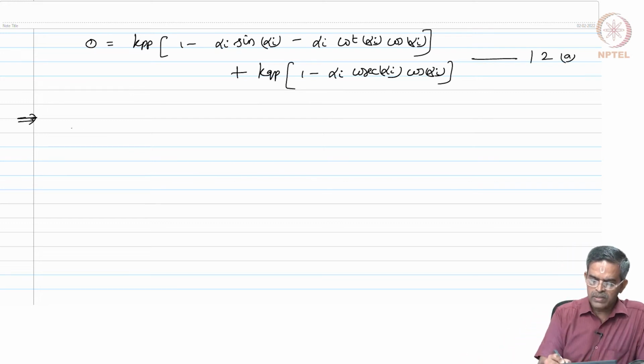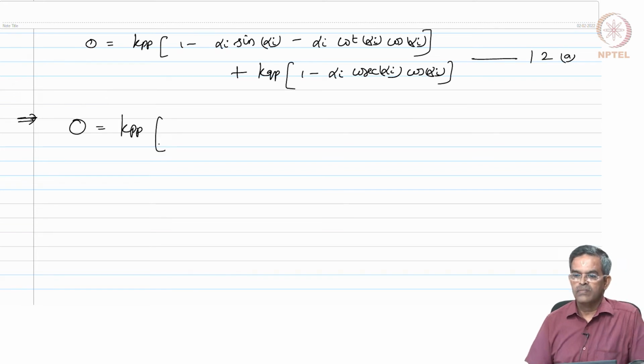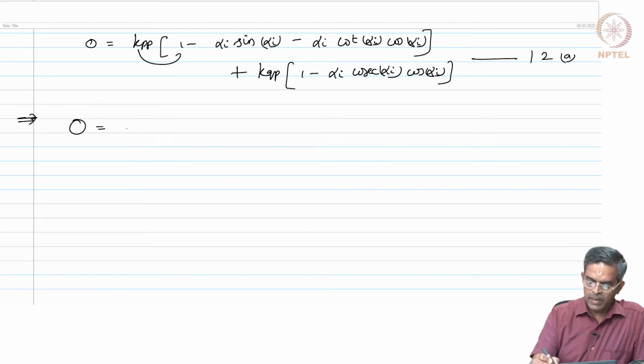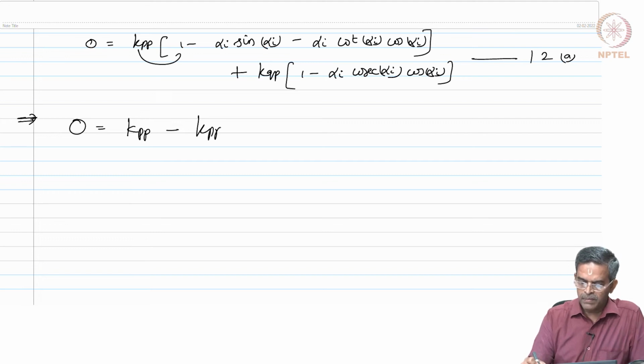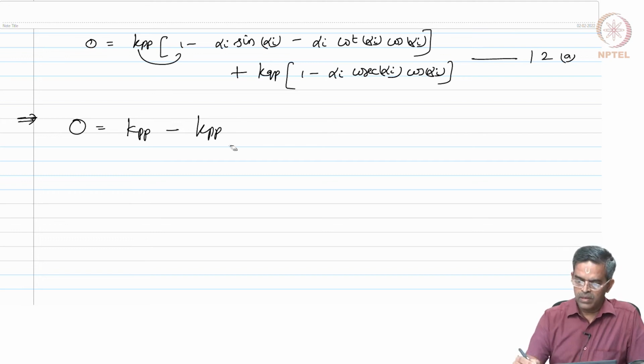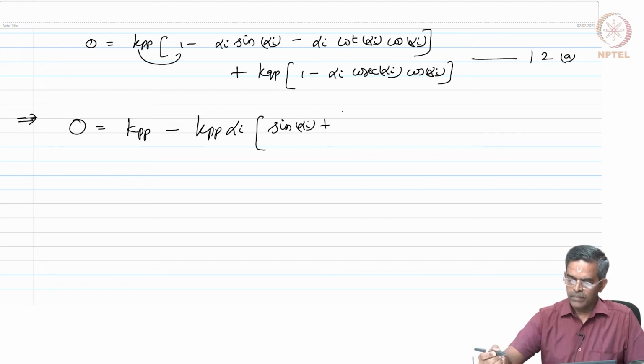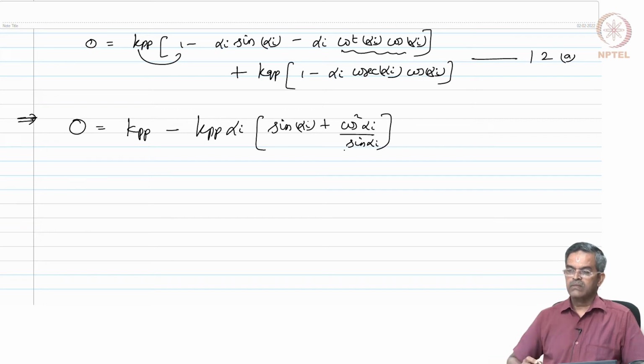I rewrite this equation as 0 equals KPP times of, sorry, I am multiplying this. So, KPP minus KPP times of, I will put alpha I also common out. I can say sin alpha I plus cos square alpha I by sin alpha I, because I am using this relationship. Can you do that?